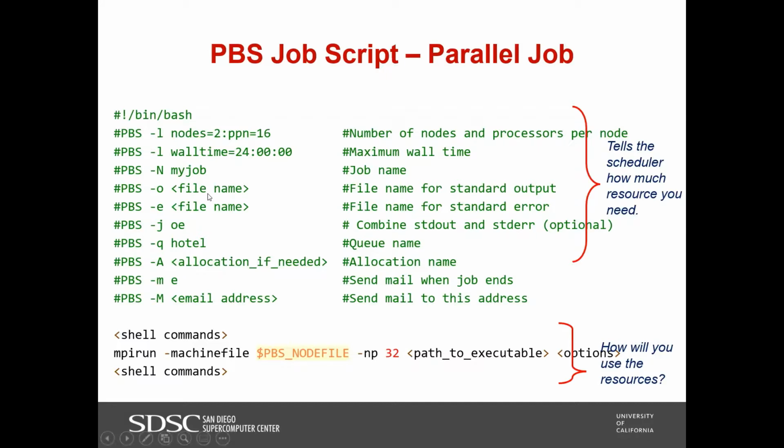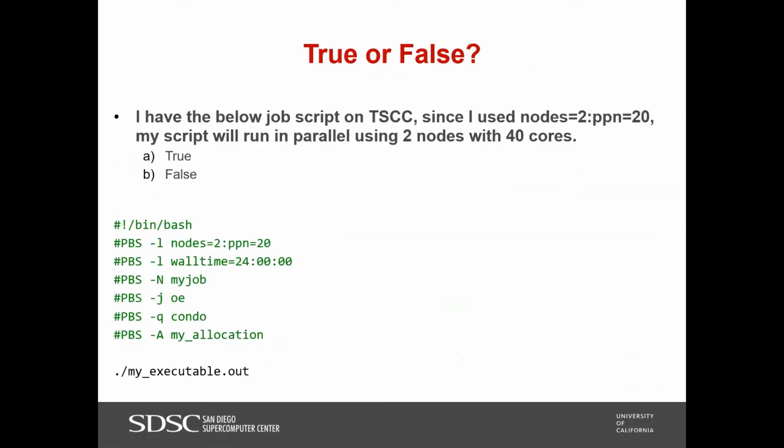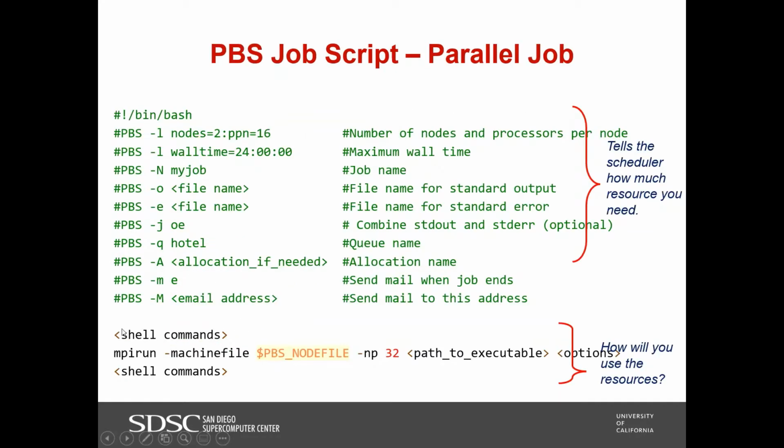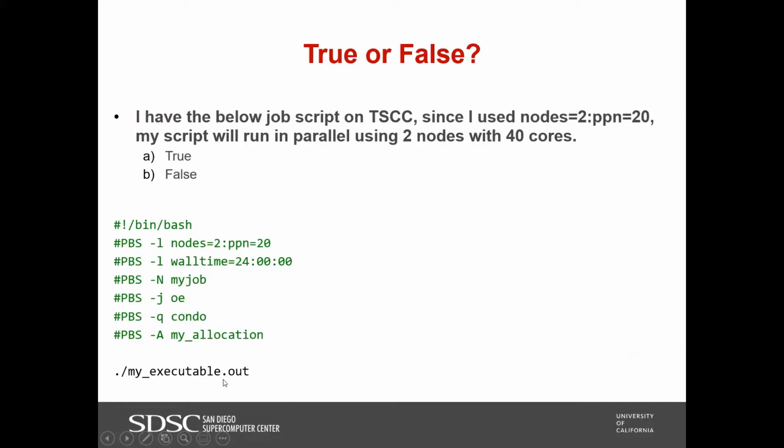But whether your program or your code can make use of those computational resources really depends on the second part of your job script, the part highlighted in black. It depends on whether your program can run in parallel.